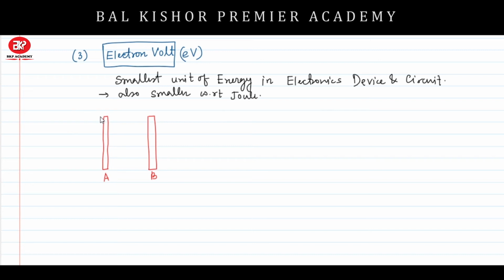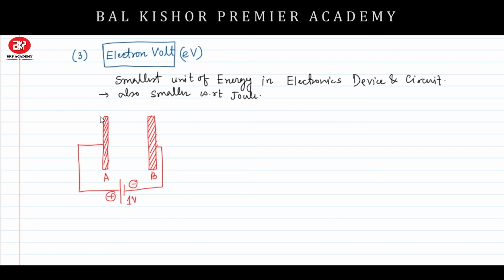Now, if these two metal plates A and B are connected by an external potential in this way, suppose I have connected the external potential of 1 volt in this fashion, then we know that this is the positive terminal and this is the negative terminal.